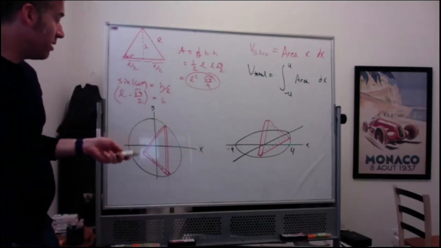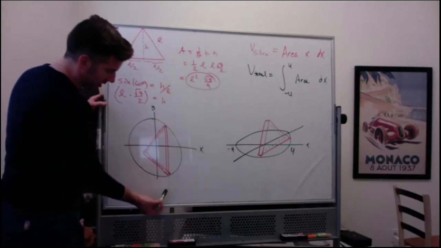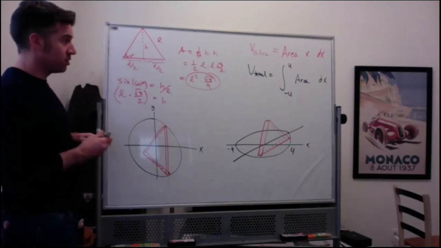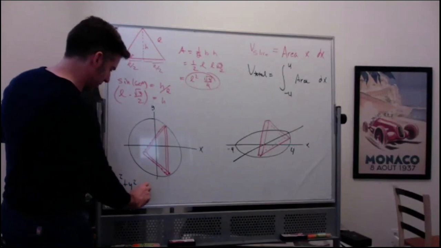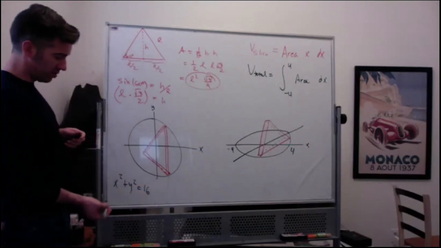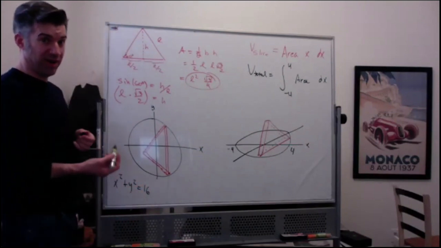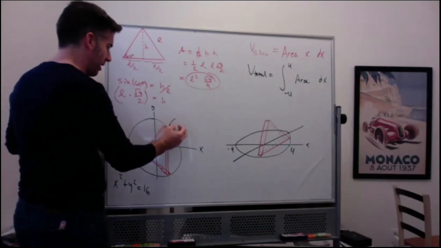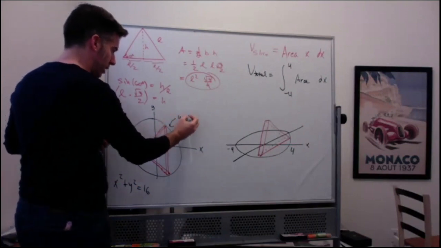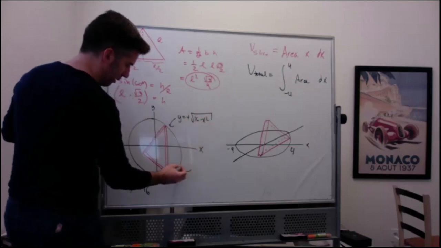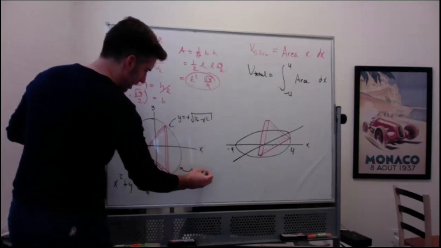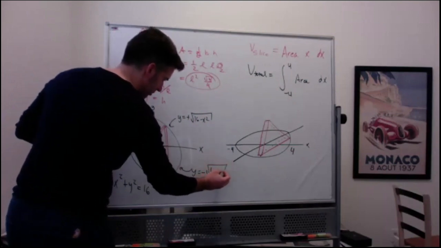So then we do need to know what this length L is in terms of x. I know I erased it, but the equation of the circle is x squared plus y squared equals 16. What we're going to do is solve for y, because we want y as a function of x. The top half is y equal to the positive square root of 16 minus x squared. The bottom half is y equal to the negative square root of 16 minus x squared.